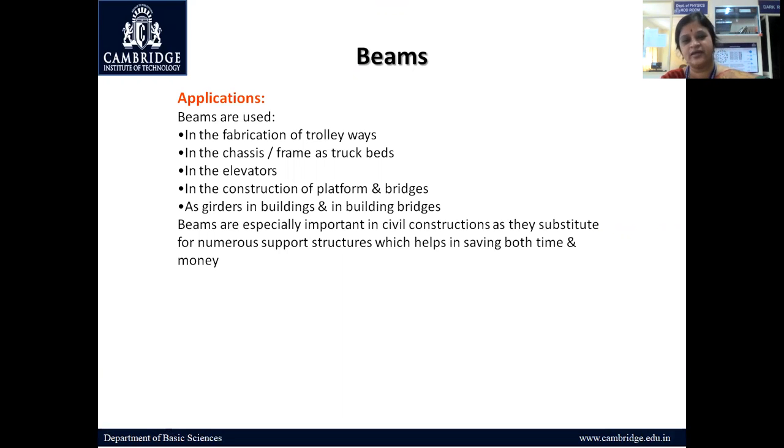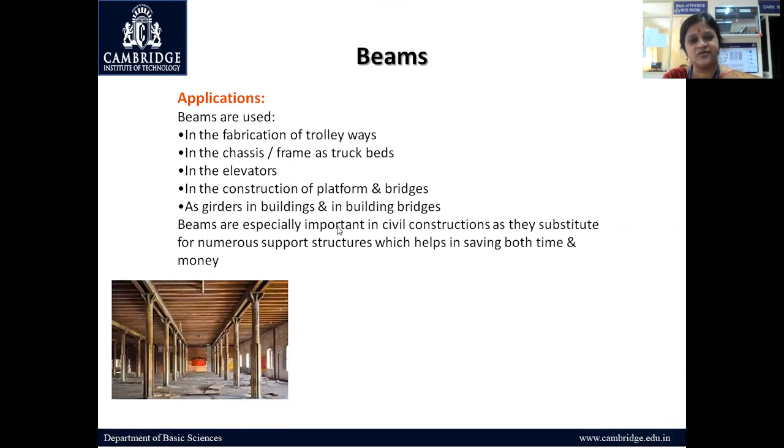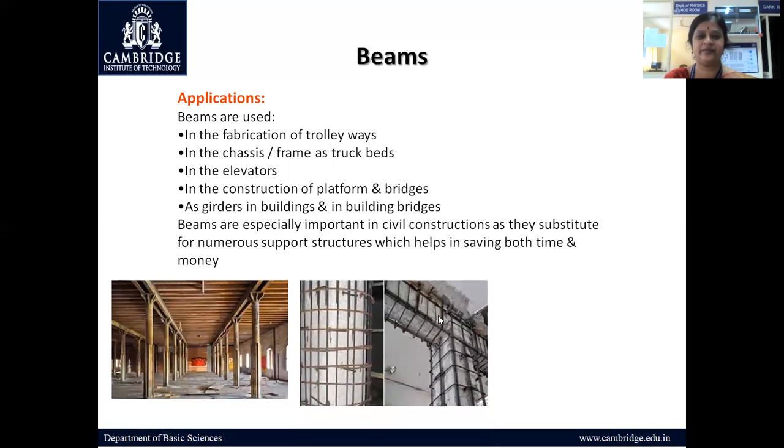Wherever you are sitting, that room is made up of beams. It may be of any kind of beam. Beams are especially important in civil construction as they substitute for numerous support structures, which helps in saving both time and money.